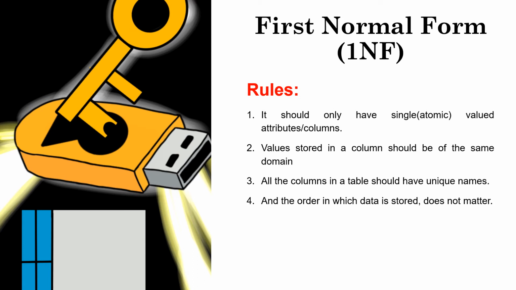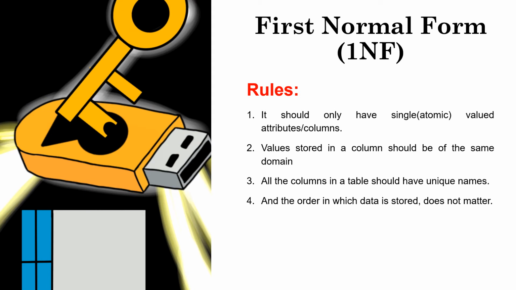For example, if you have a column DOB to save dates of birth of a set of people, then you must not save the names of some of them in that column along with the dates of birth of others. It should hold only the date of birth for all the record rows.